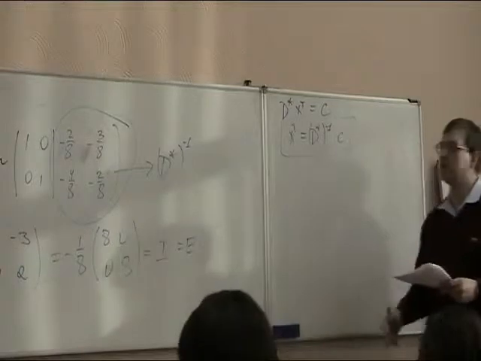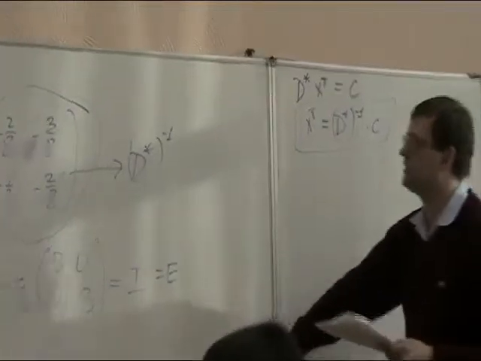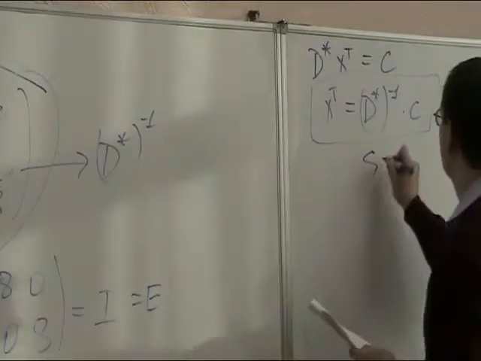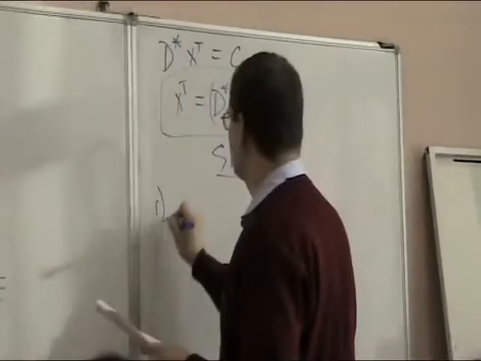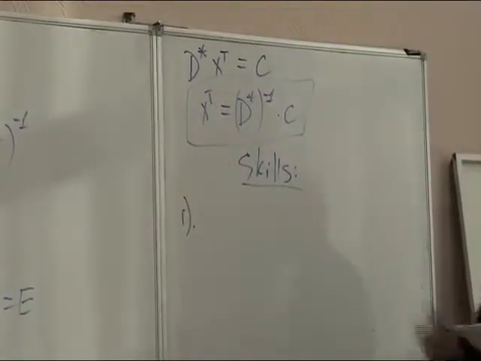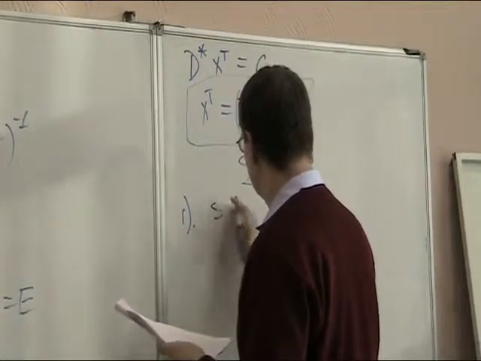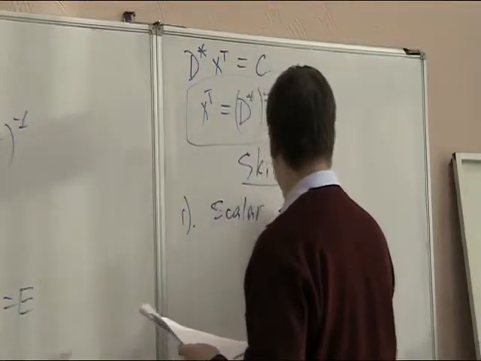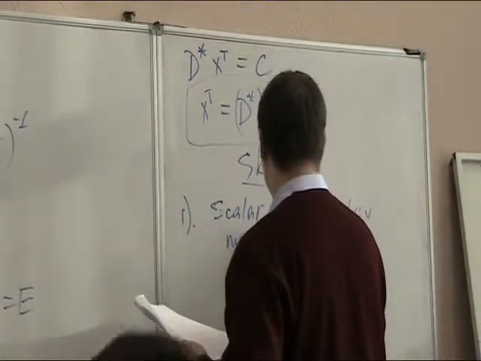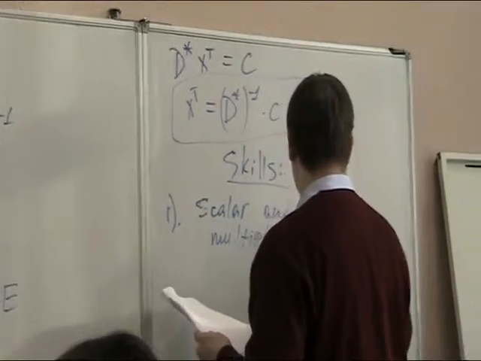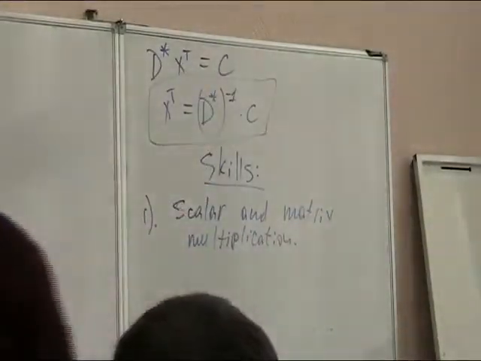Now I would like to summarize what kind of skills we used in all these examples, so that we more or less know what kind of skills are going to be used in the exam as well. The first, in the very beginning, was the scalar multiplication. The scalar multiplication was used over here.